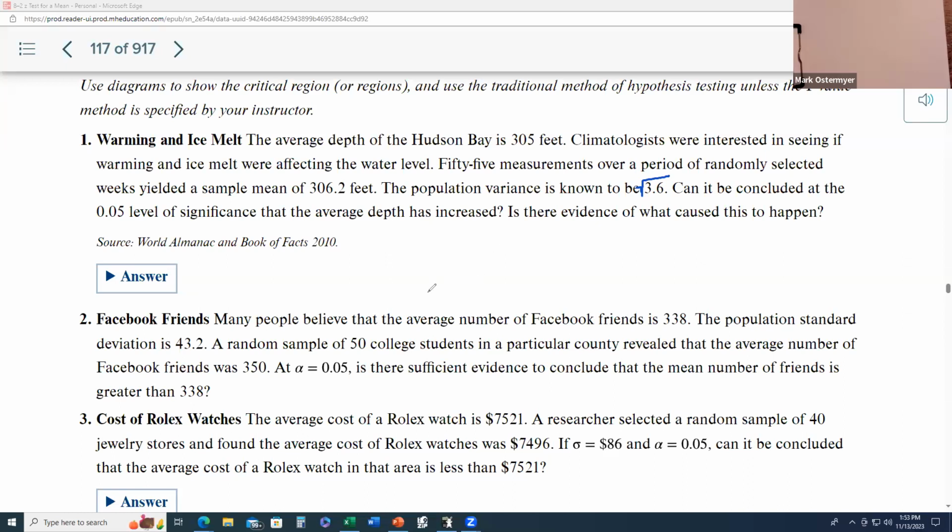All right, ladies and gentlemen, step number 1. What would be the hypotheses we'd be testing here? Can it be concluded at the 5% level of significance that the average depth has increased? Wait a minute, increased from what? Increased from what value?